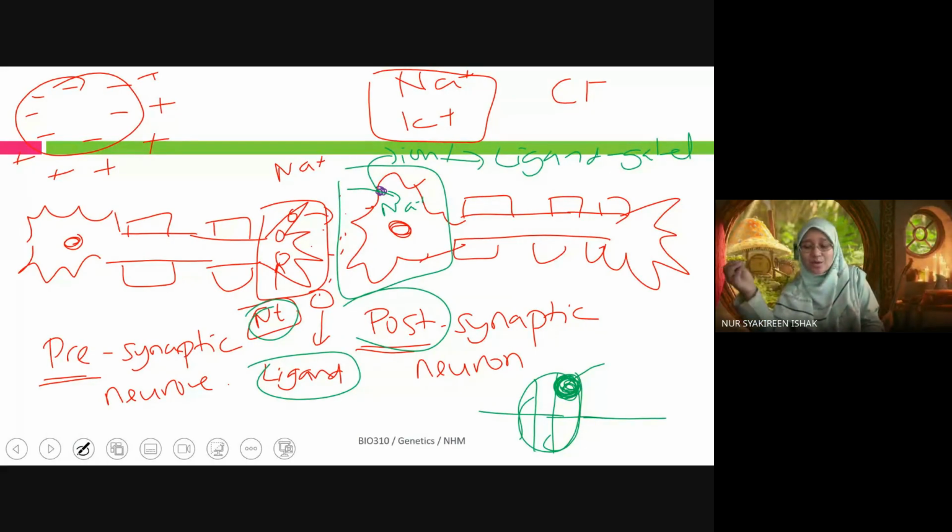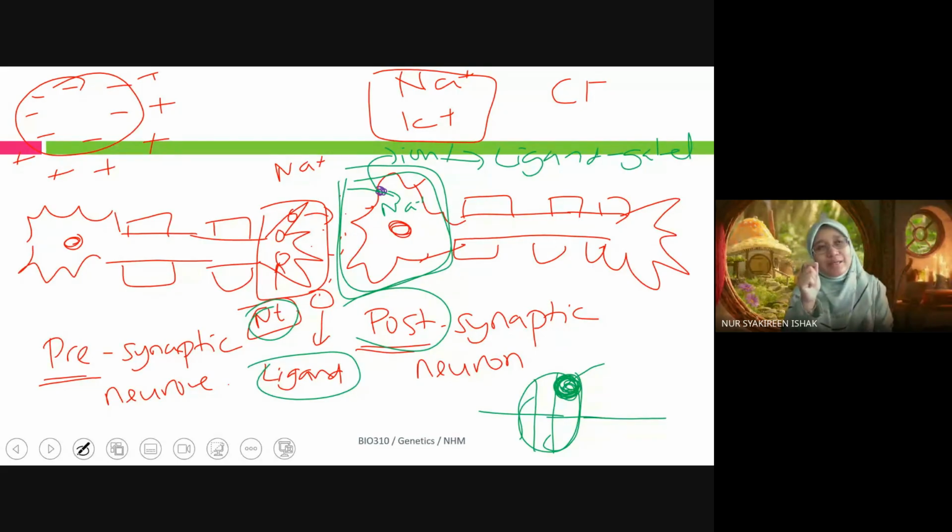Pergerakan aliran ion tu masuk dalam dendrite. So along the dendrite, due to the change of charge, it generates membrane potential. So in this region here, the change due to the movement of sodium into the cell akan generate potential.